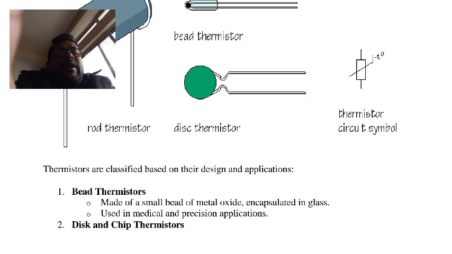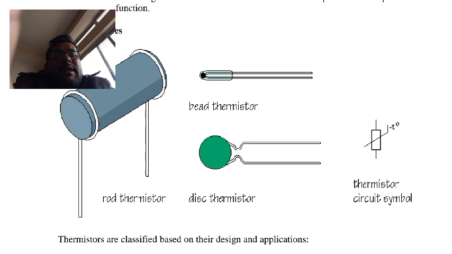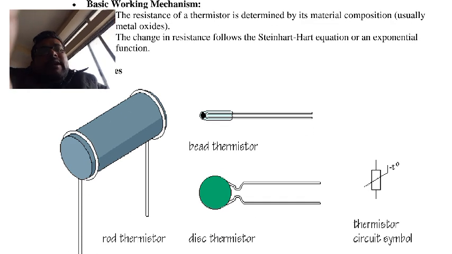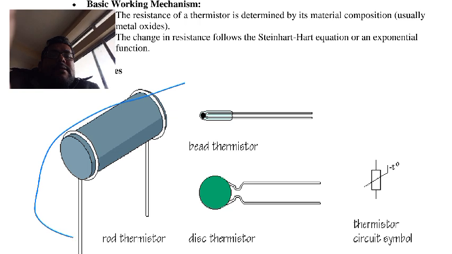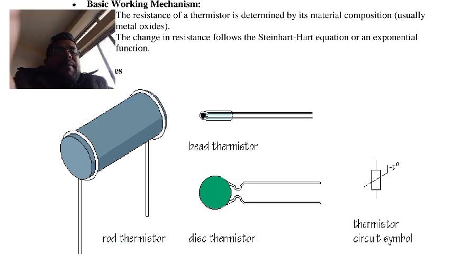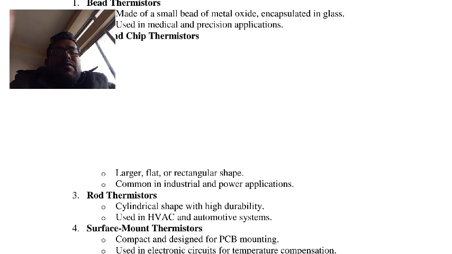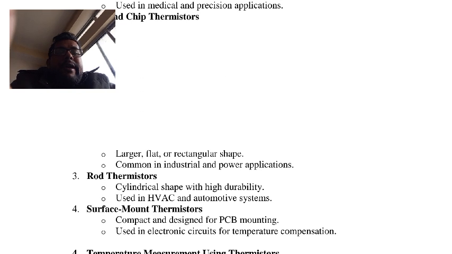Next is the rod. This rod looks like this. This is the diagram of rod applications. Rod thermistors have a cylindrical shape with high durability.